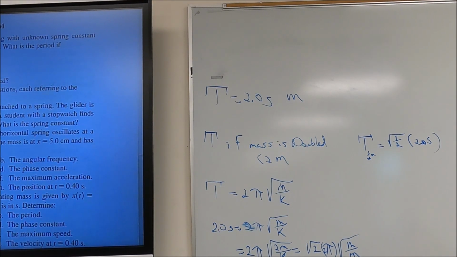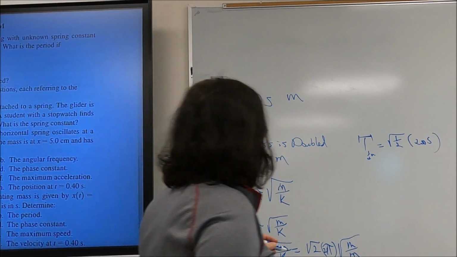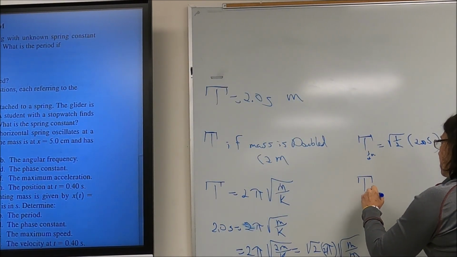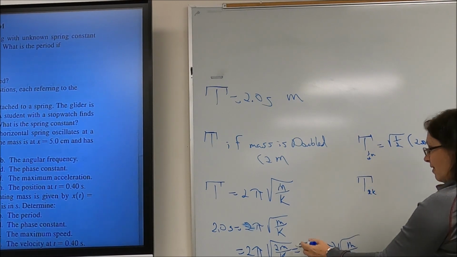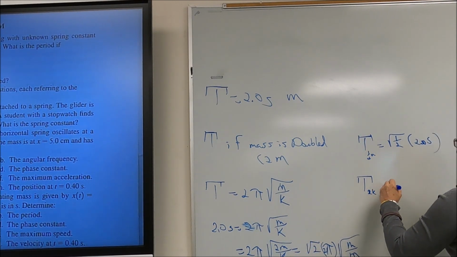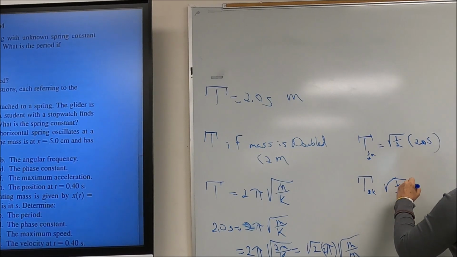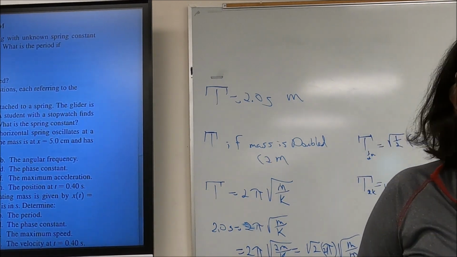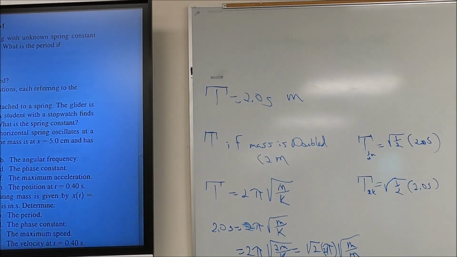Well, the amplitude's not part of the equation. It would have no effect. And then if the spring constant was doubled, 2k, since k is on the bottom, I would get the square root of 1/2 times 2 seconds. Okay? Not complicated. You can do this.